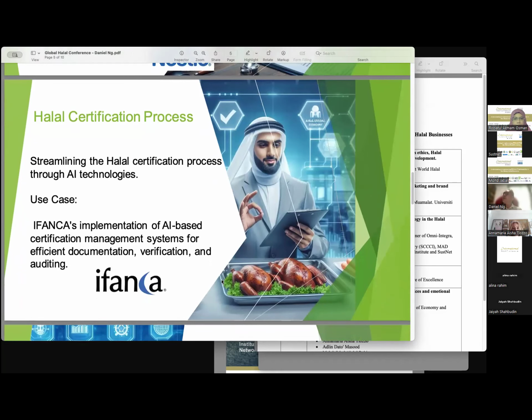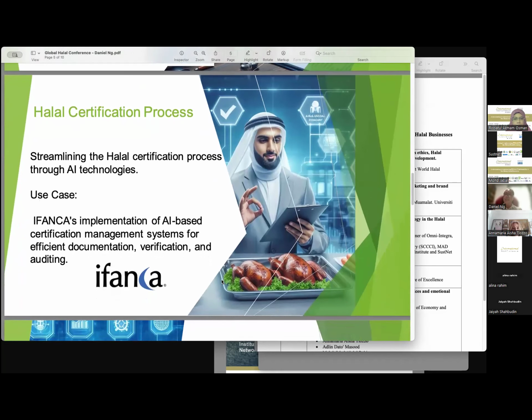And I think somebody talked about certification earlier. Streamlining the halal certification process is essential for ensuring transparency and compliance with ethical and halal standards. I definitely buy a lot of halal food because my family is Muslim. And we actually saw the halal logo being displayed differently depending on where that product comes from.